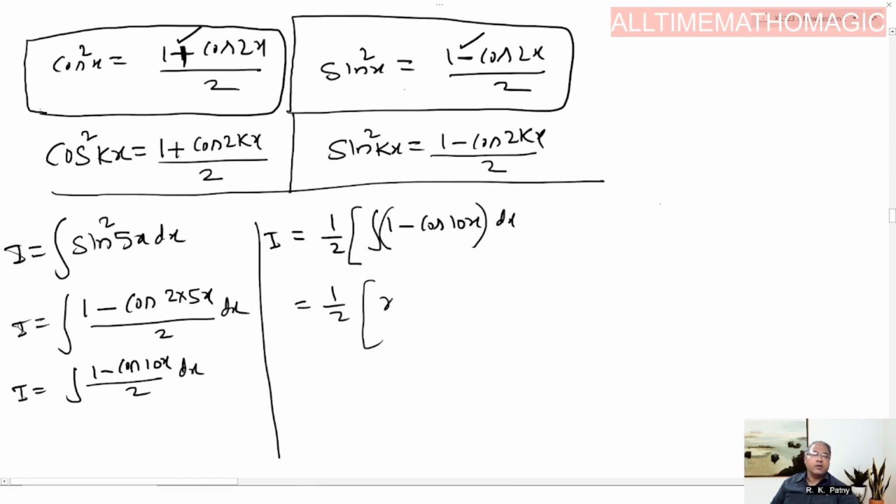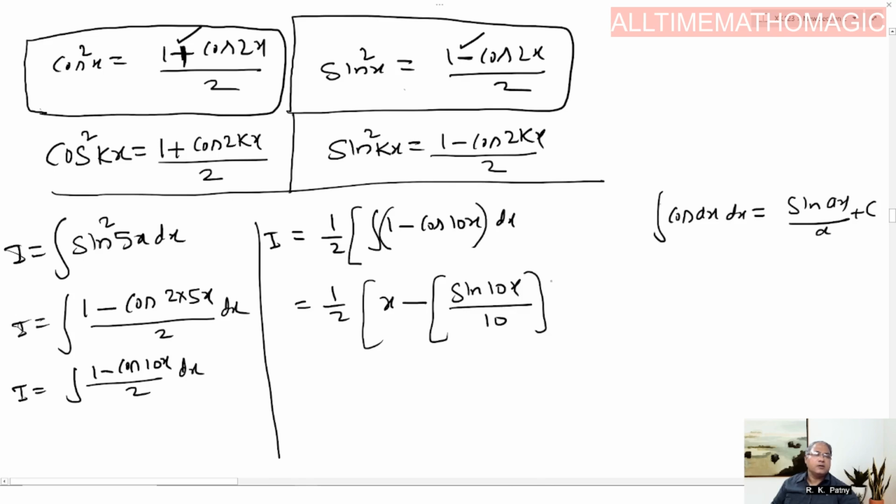Integration of 1 is x minus, and integration of cos ax with respect to x is nothing but sin ax upon a plus c. Therefore, integration of cos 10x is nothing but sin 10x upon 10 plus c. This equals x by 2 minus sin 10x upon 20 plus c. This is nothing but the integration of sin square 5x with respect to x.